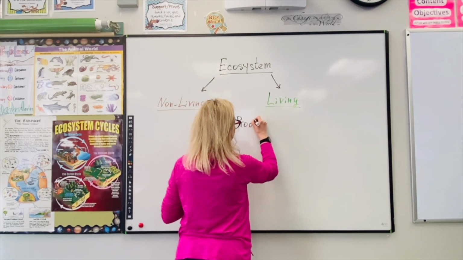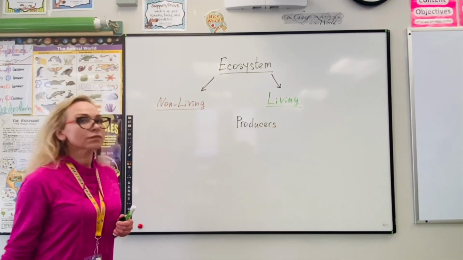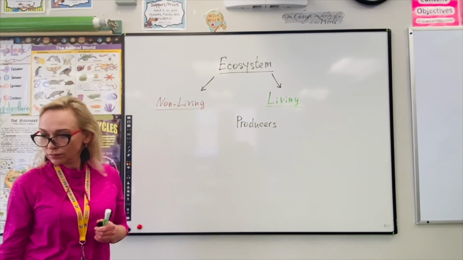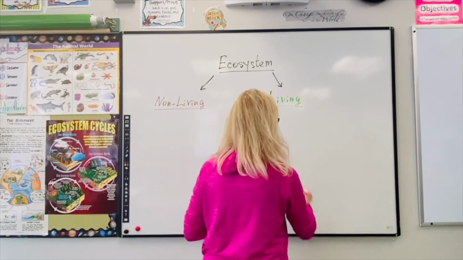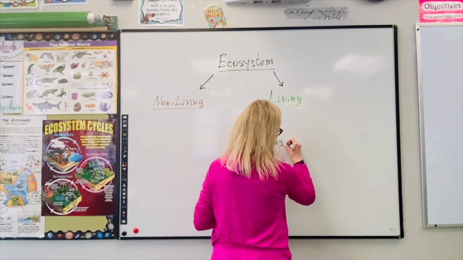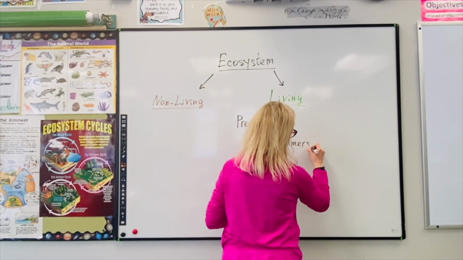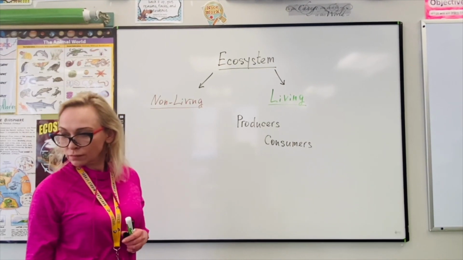And we can divide living things into several groups. Producers, which are green plants. Producers make their own food through a process called photosynthesis. Consumers are living things that cannot make their own food like producers.